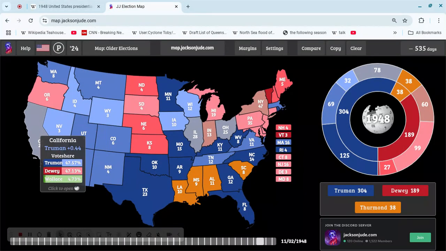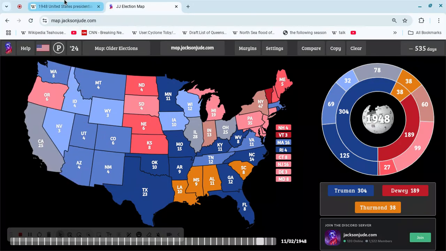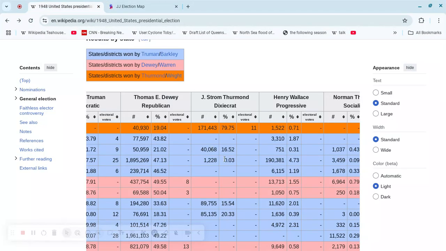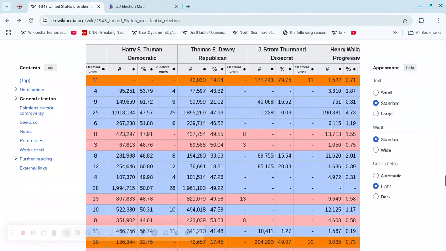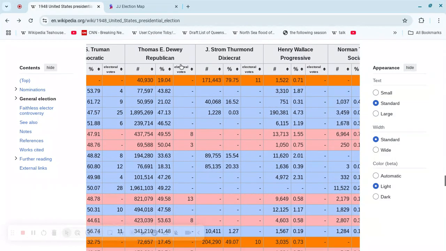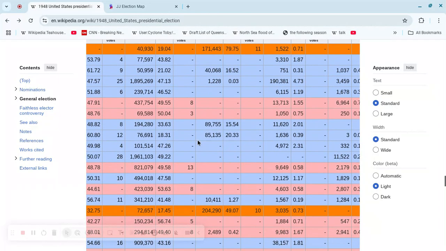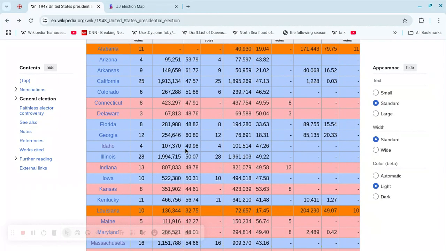So California, in this case, you actually have it voting by 5.2% for the Democrats. We're not even going to factor in the Dixiecrat vote because in a lot of these states outside the Deep South, it is minimal. Florida and Georgia, again, solid South. Don't really need to worry about that too much.